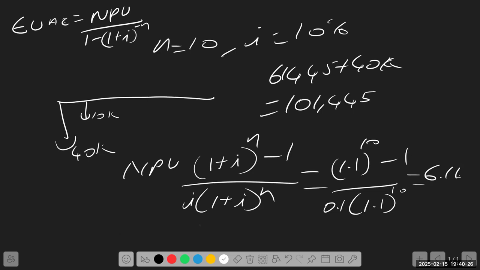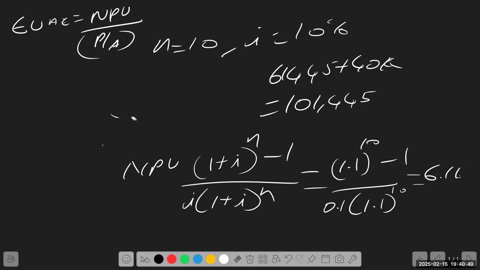Actually, the EUAC formula is NPV divided by the P by A factor. We need to divide by the P by A factor. So EUAC is equal to 101,445 divided by the P by A factor.